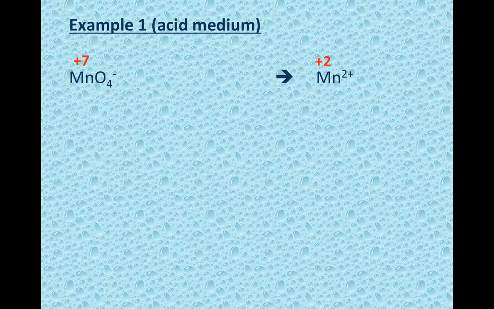On both the left and right-hand side of the equation, there is only one manganese atom. So, step 1, balance the atom that has been reduced. In this case, they are both balanced. One manganese on both sides.